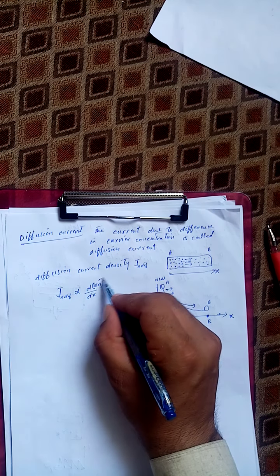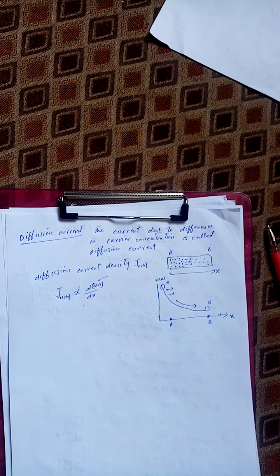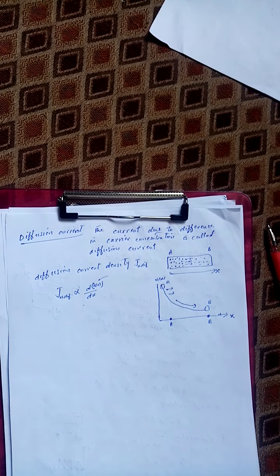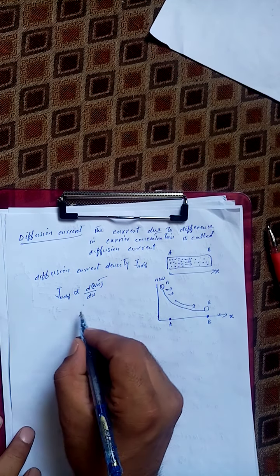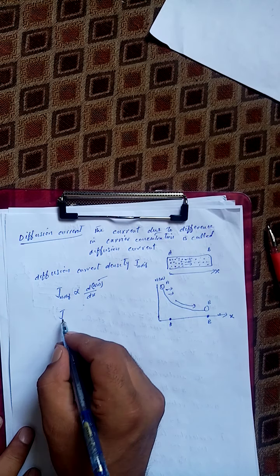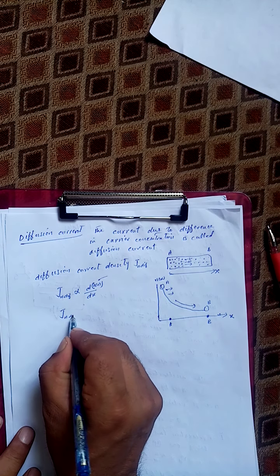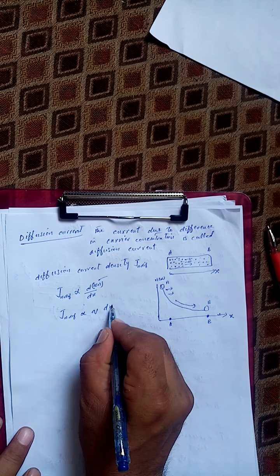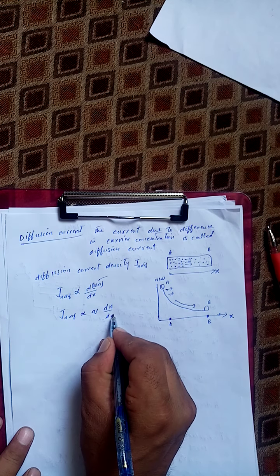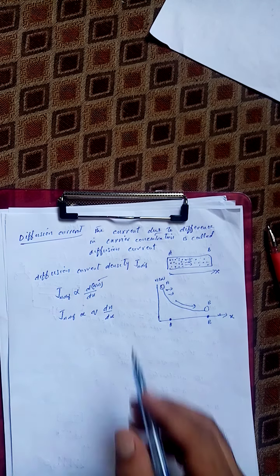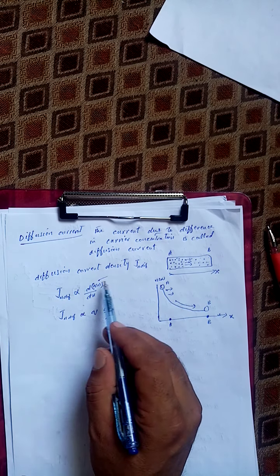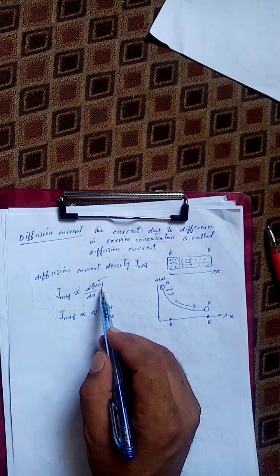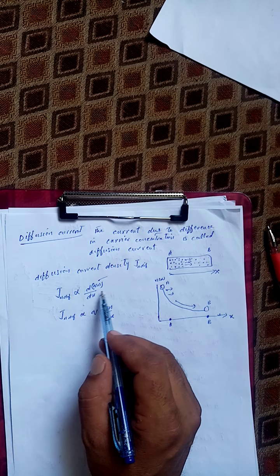This is the concentration of charge per unit volume, the number of charges per unit volume. But q is constant, so we can bring it outside of this derivative. Jn diffusion will be proportional to q into dn over dx. Now this is not just the carrier concentration gradient, but actually the charge carrier concentration gradient.